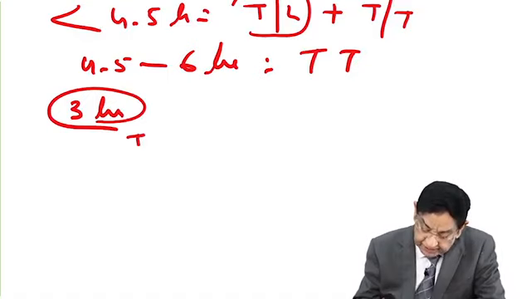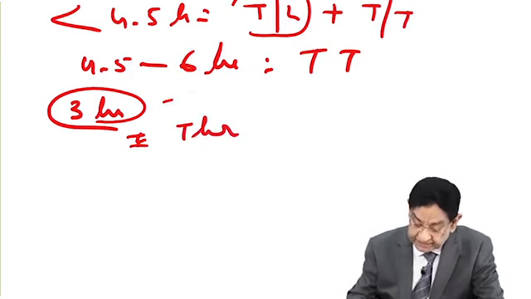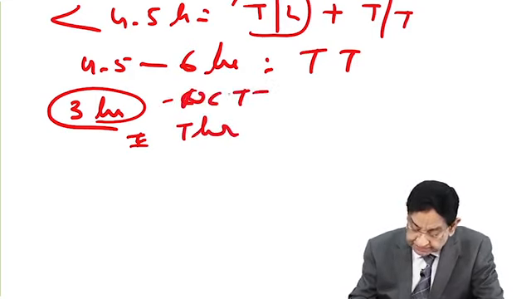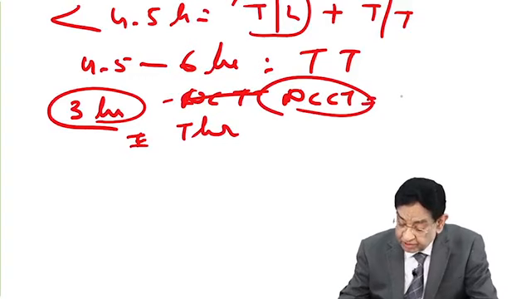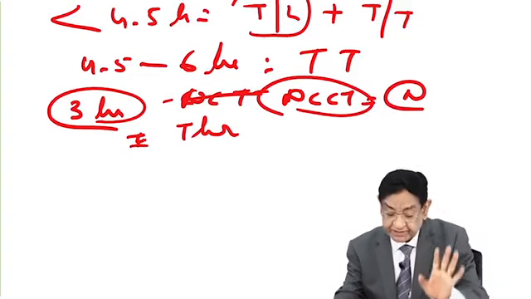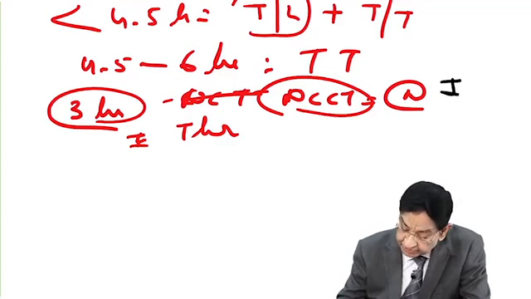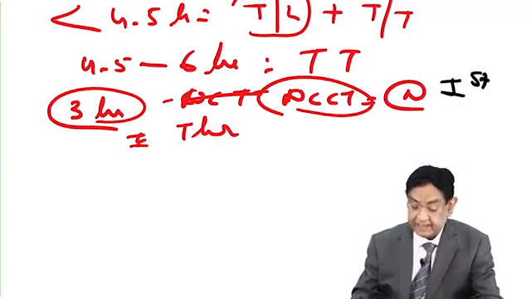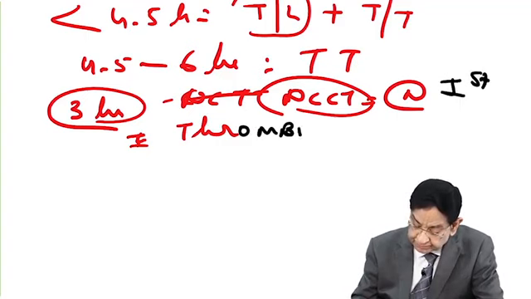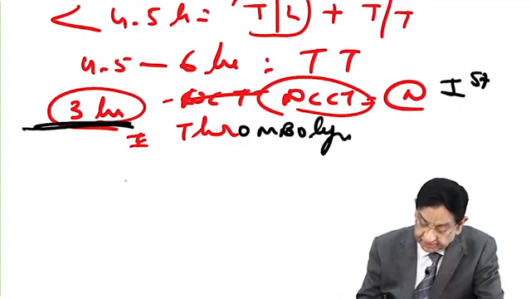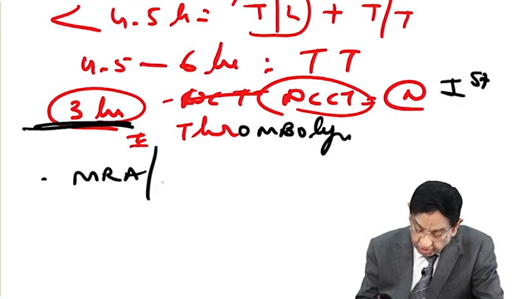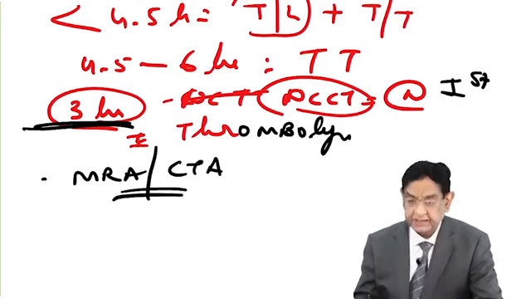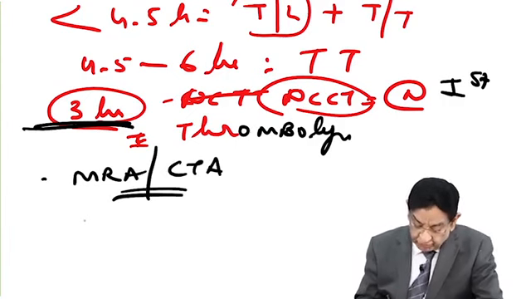So I will give thrombolysis. Of course, first I have done a non-contrast CT scan, and it is normal. That means it is ischemia. It's the first thing to be done. After that, I give thrombolysis, as he has come within 3 hours. And after that, I'll go for MR angiography or CT angiography. And if I can locate the clot, now I'll go for thrombectomy.